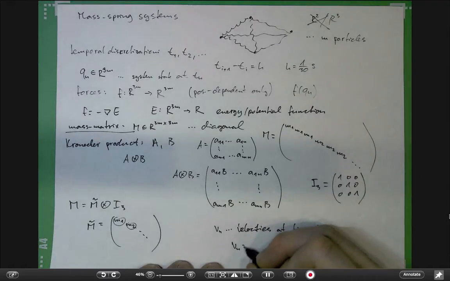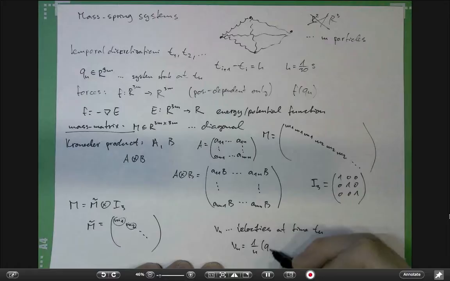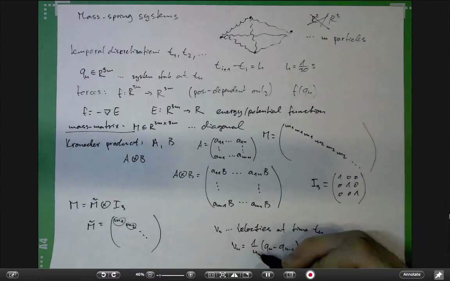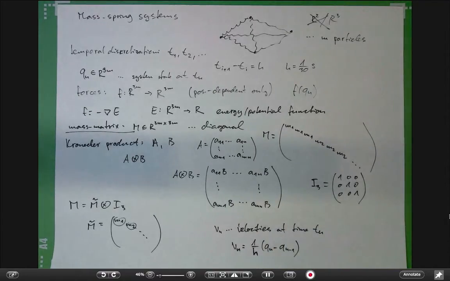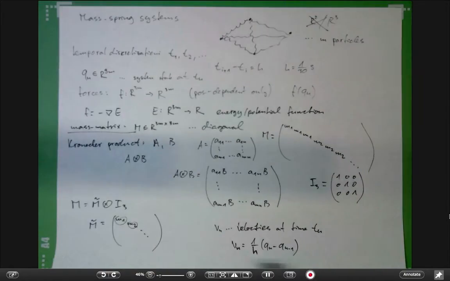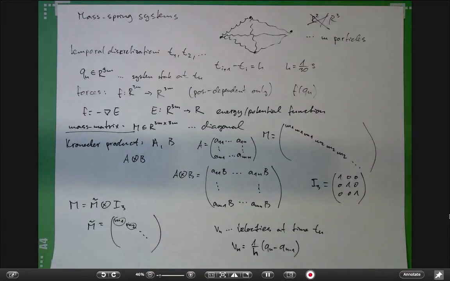You should know this by now. 1 over h, Qn minus Qn minus 1. This is h, this is n. So the velocities, I don't really have to put them in the state if I say that they depend on the states using this backward difference formula. All right?